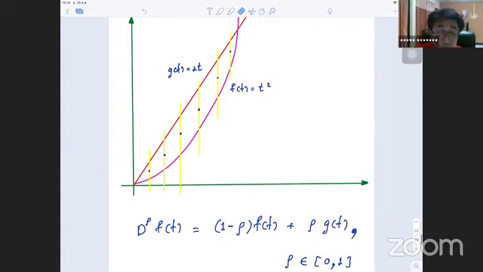If rho equal to 1 over 2, this point, yes, 1 over 2. So for example, this A, this is G(A), this is F(A).